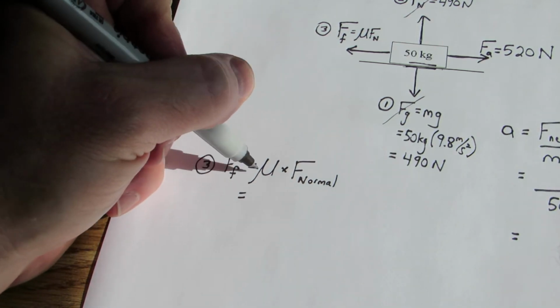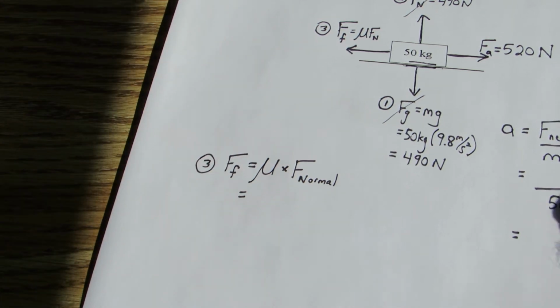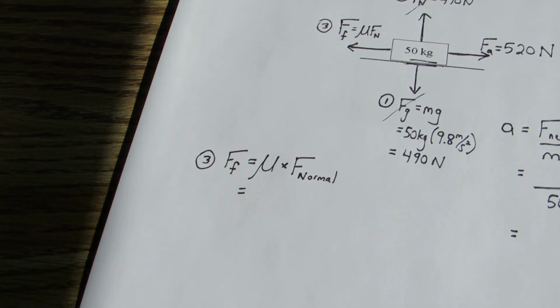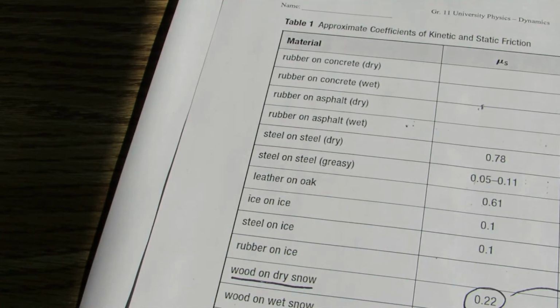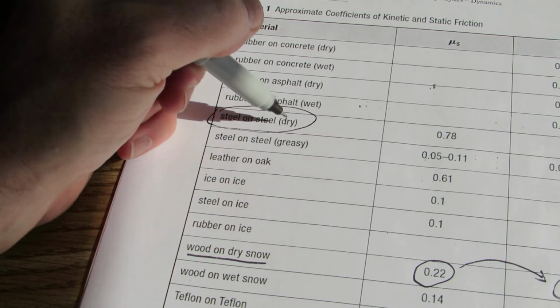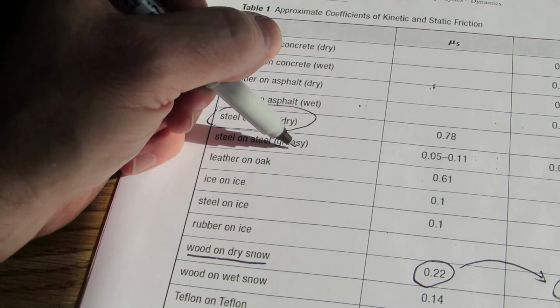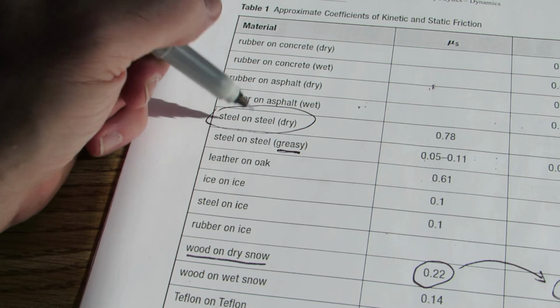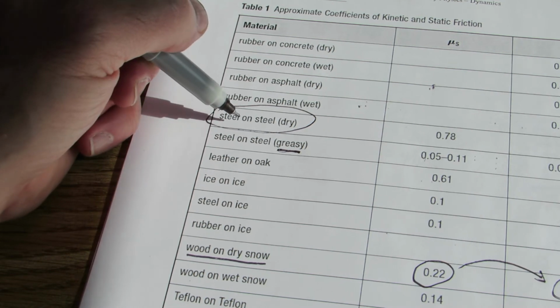Okay, so the coefficient of friction, we can actually look that up. So I'm going to flip back to this chart here. The question is steel on steel. That's here, steel on steel, and it's dry. There's a greasy version. So steel on steel dry.